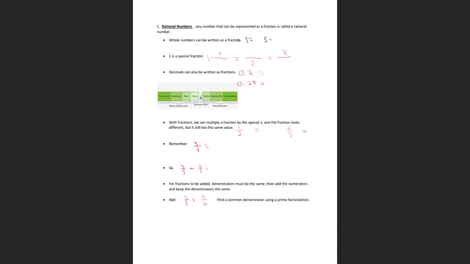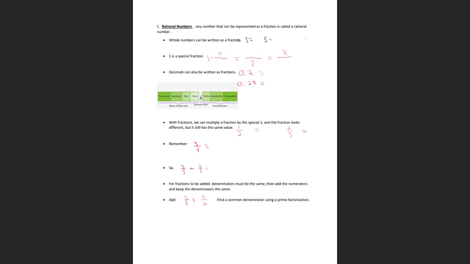So where this takes us is another topic that we need to bring to your attention, what we call rational numbers. Rational numbers is something moving forward that we'll hear more about. Rational numbers is any number that can be represented as a fraction.